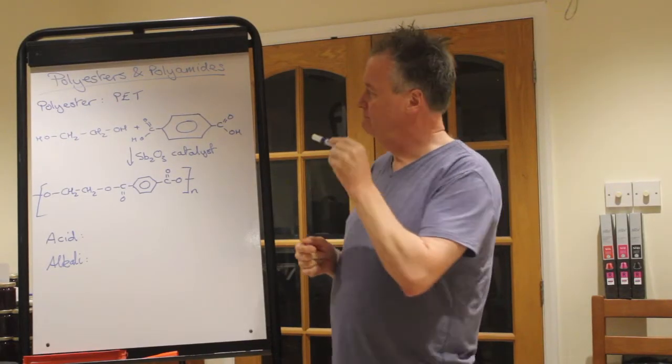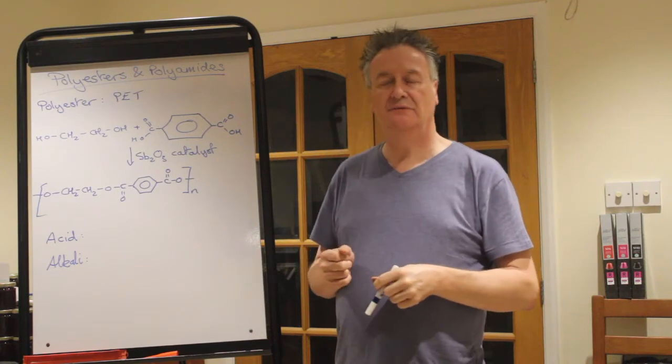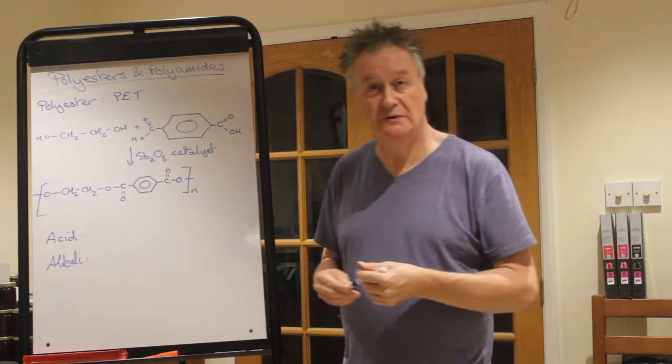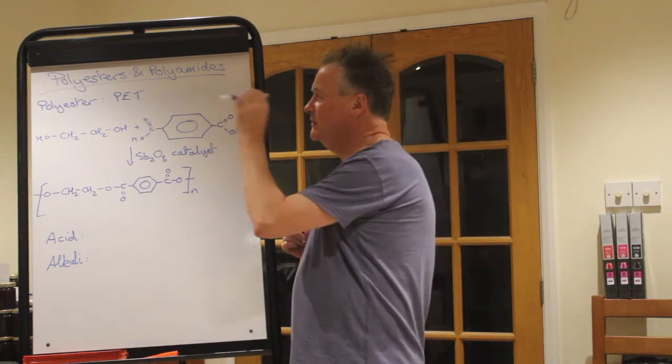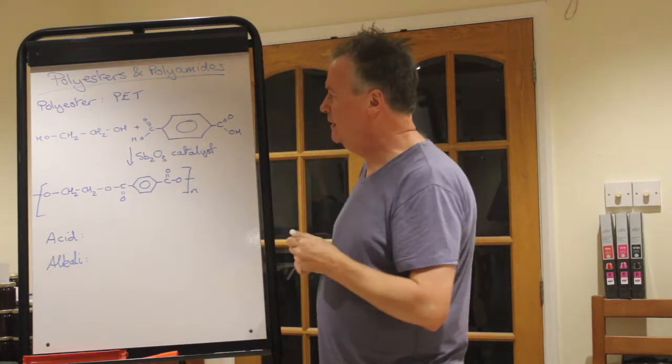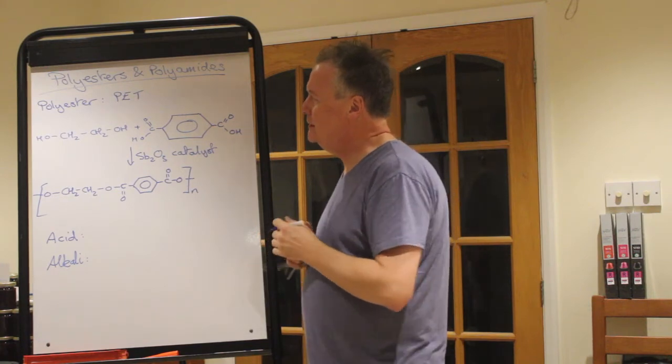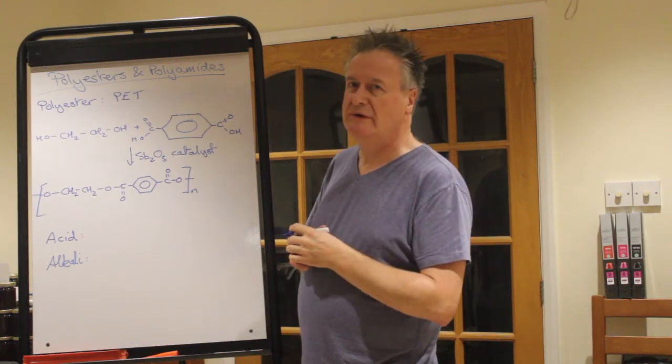Polyester first. Now the example that you mostly see, I'm sure there are lots of polyesters, but this is the one you always see, is PET. PET is a horrific name.